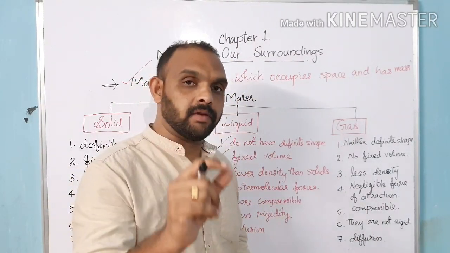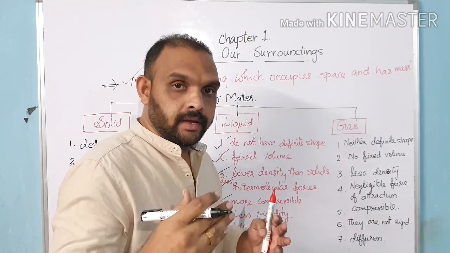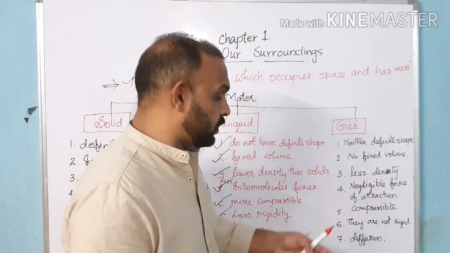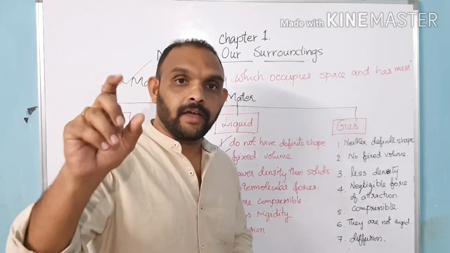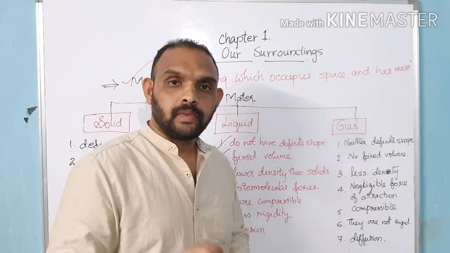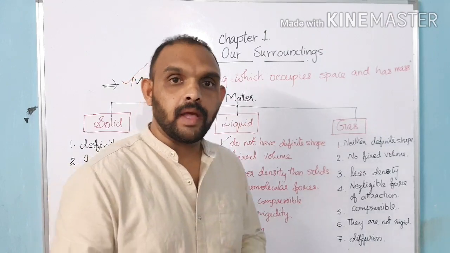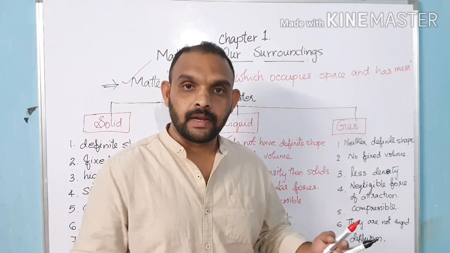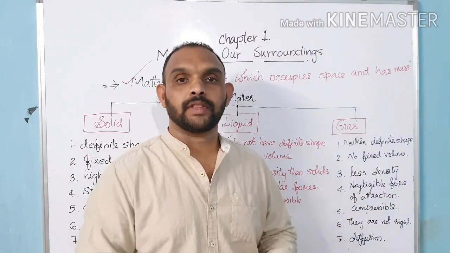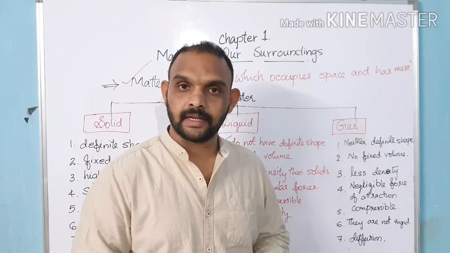That's the example which I gave while explaining the term diffusion. If I spray a room freshener in one corner of the room, that fragrance will spread all over the room within seconds. What is the reason?